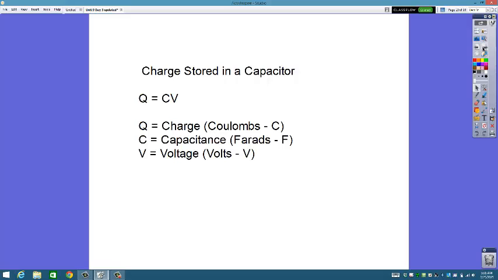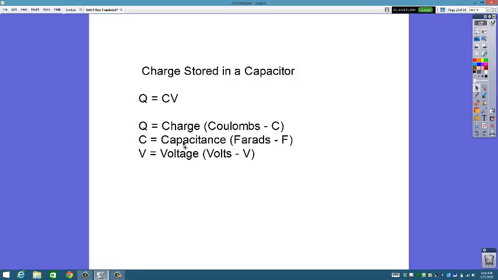Alright, so your equation to find the charge stored in a capacitor is Q equals CV. Q, this capital Q, represents your charge measured in coulombs. C is going to represent your capacitance.